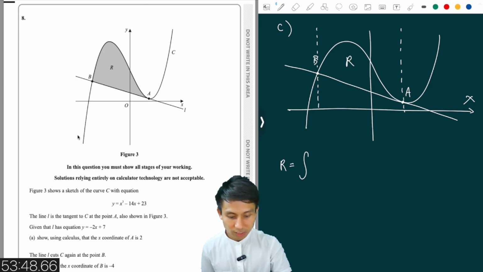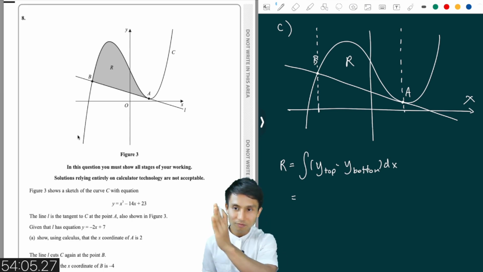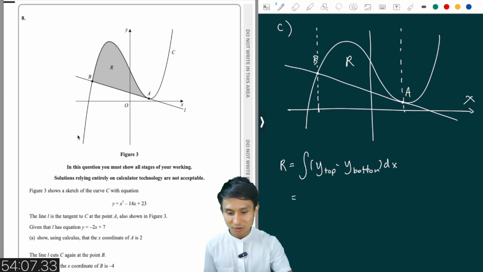So R equals integral of the y function of the top one minus the y function of the bottom one, right? dx, of course. And the bounds here would be from x of b to x of a. X of b was minus 4, x of a was 2, right?